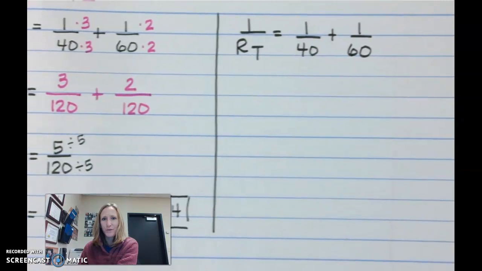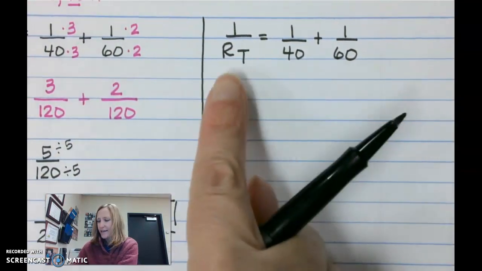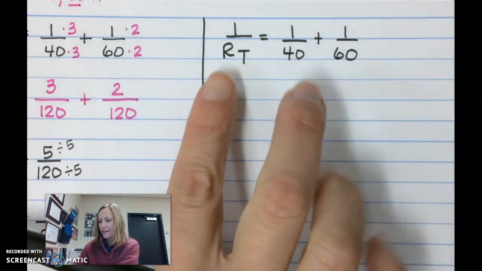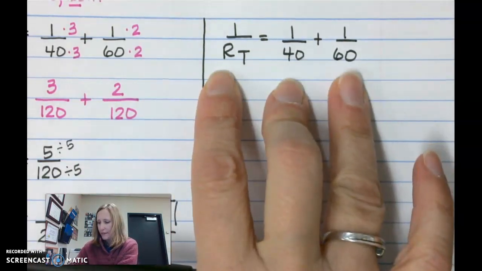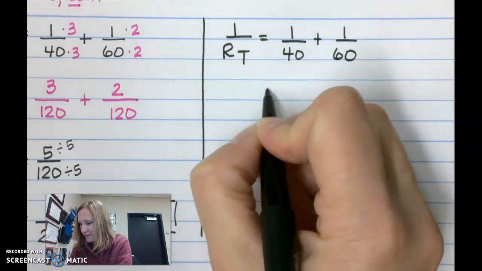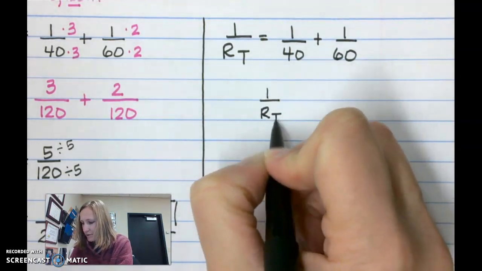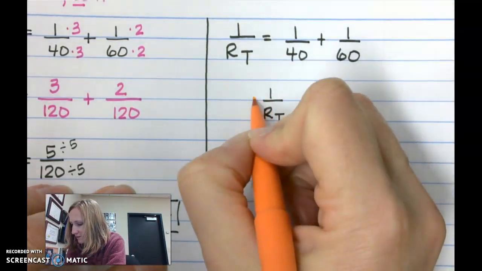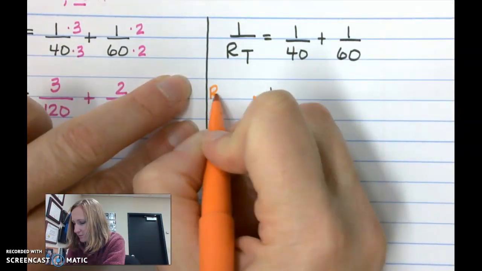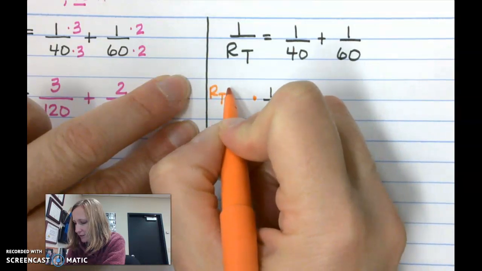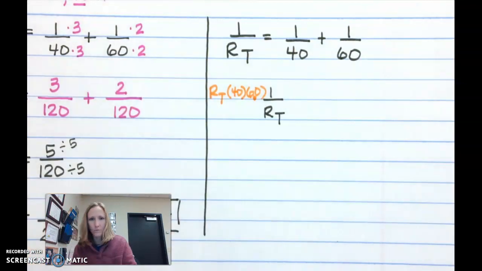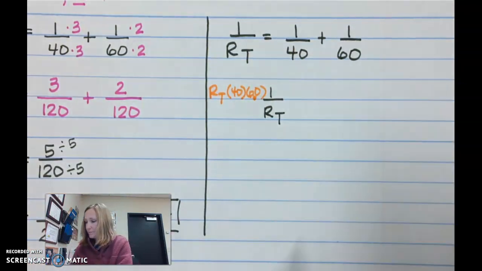So what we would be doing then is taking every piece of our equation and multiplying everything by all three of these denominators. So for instance, on this left side, 1 over RT, we'd be multiplying that times RT and 40 and 60. So we multiply all of those there.